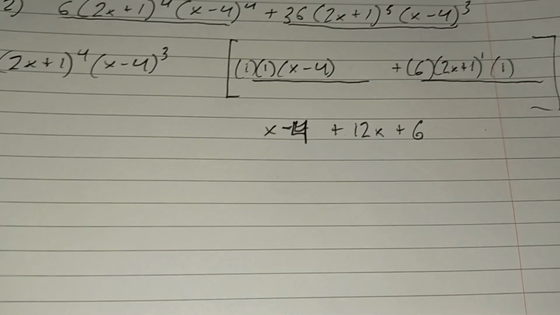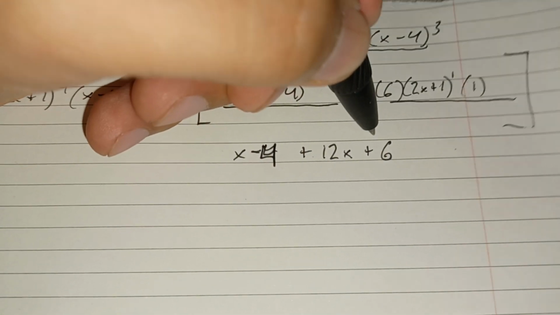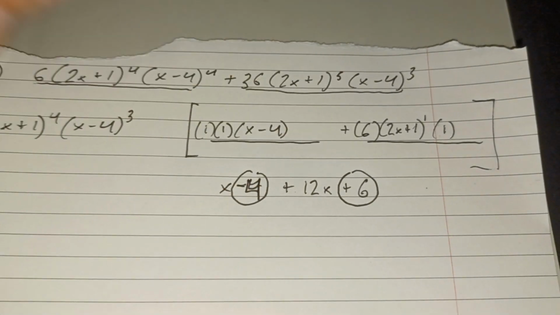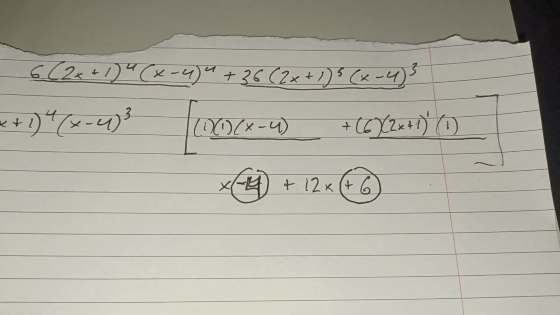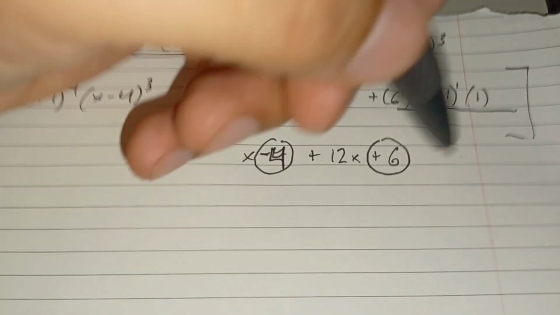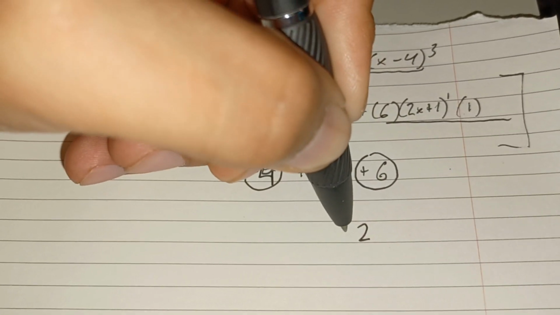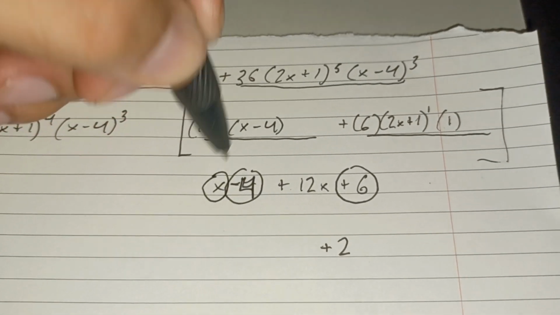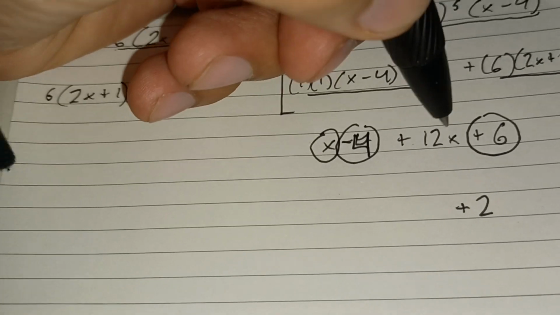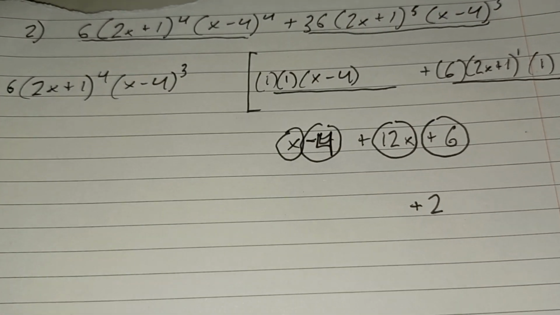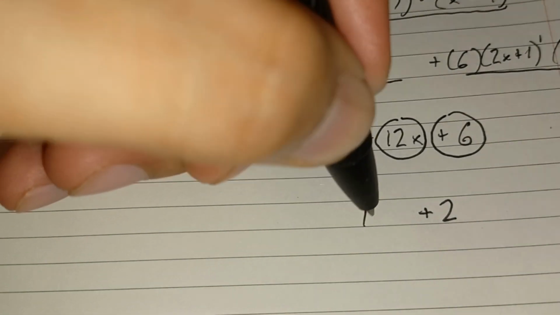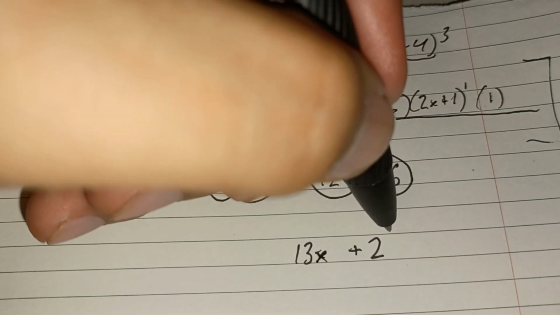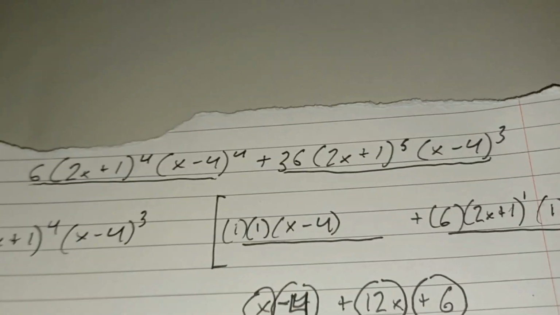Good. So again, combine like terms, we see that we have a positive 6 here, and we have a negative 4 here. And when we combine a positive 6 and the negative 4, we're going to get a positive 2. And then we have an x right here and the 12x right here. You combine those together, you're going to get 13x. Parentheses.